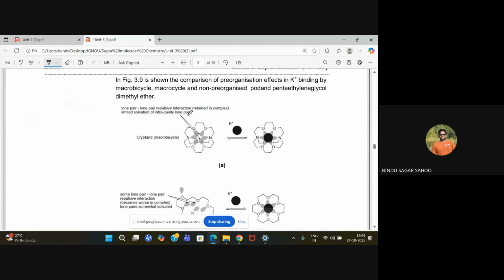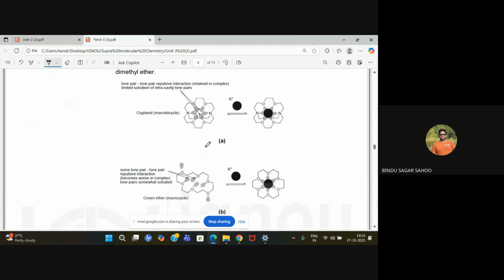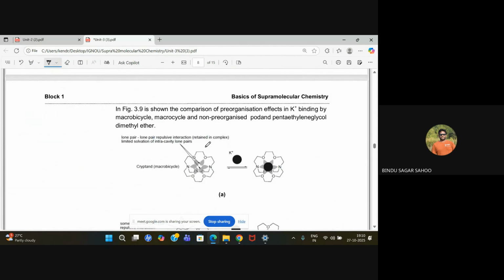One of the major issues in cryptands is that a large number of donor atoms are present. If a lot of donor atoms are present, sometimes the lone pairs in between the donor atoms cause some repulsion among themselves.